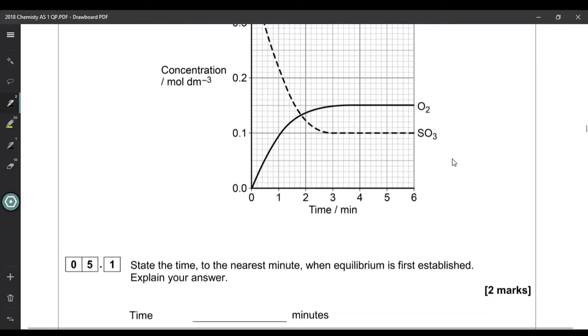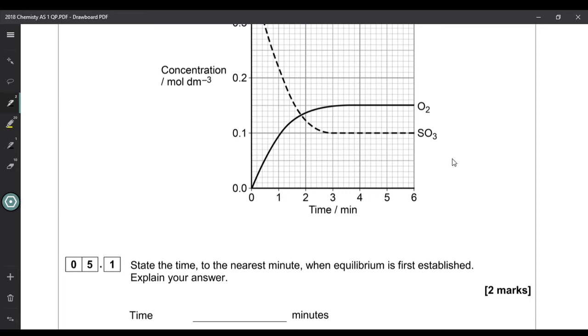So the first part of the question is state the time to the nearest minute when equilibrium is first established. We know when equilibrium is established because the concentration levels will level off. There'll be no apparent increase or decrease of the reactant or the product. Some students tend to put where the concentrations are equal. That's not the case.